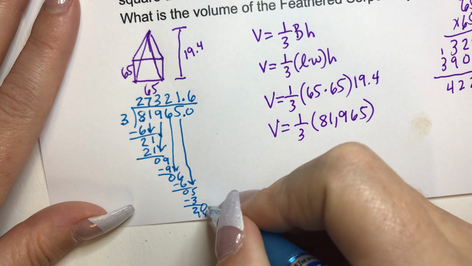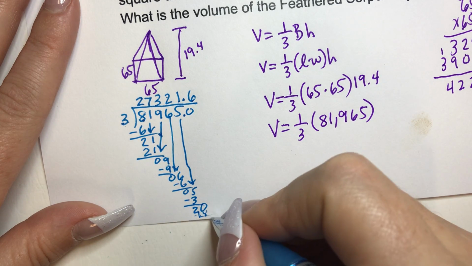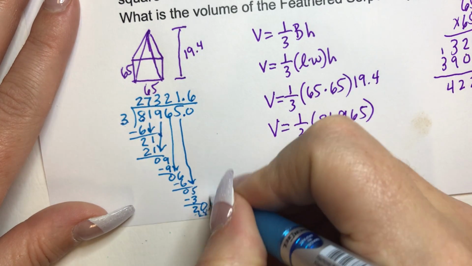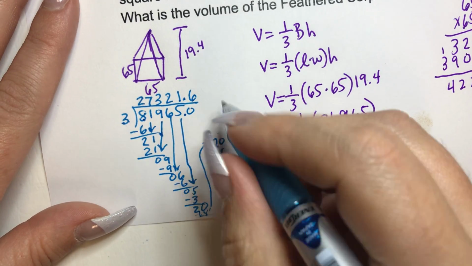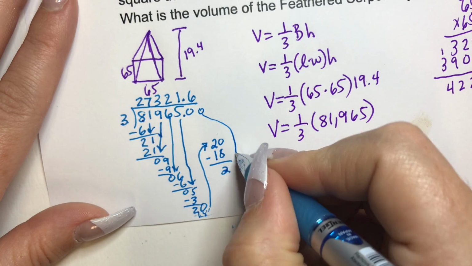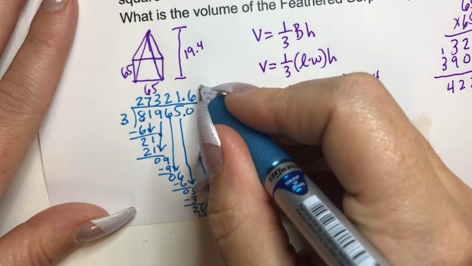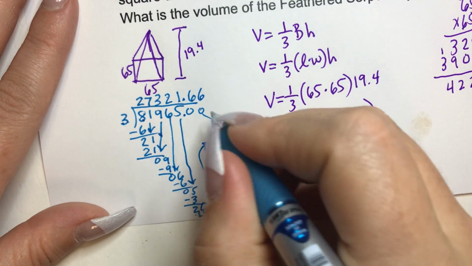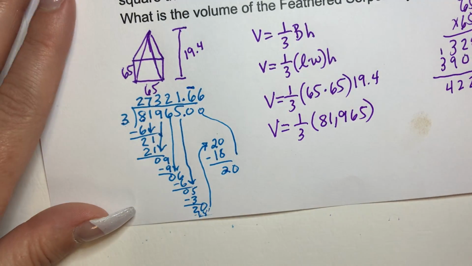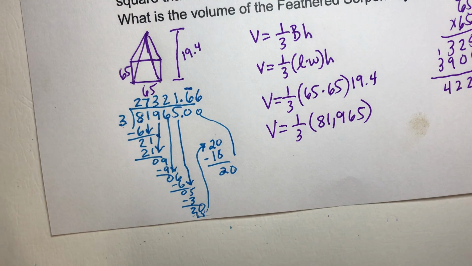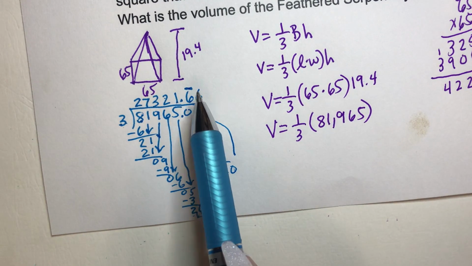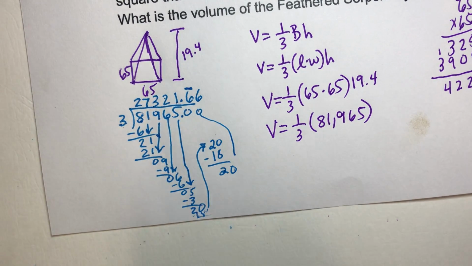Okay, and then there's 20 take away 18, that's 2, and then we would add another 0 and drop it down, which means I'd have 20 again, and 3 goes in there 6 times. So it looks like the 6 is going to be repeating. So if I was going to round this to the nearest tenth, that 6 would round that up to a 7.